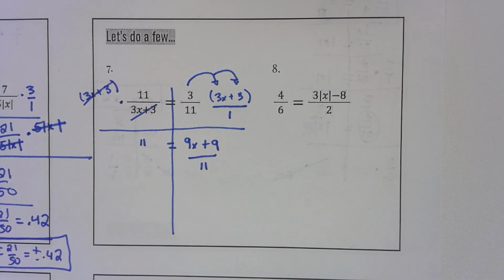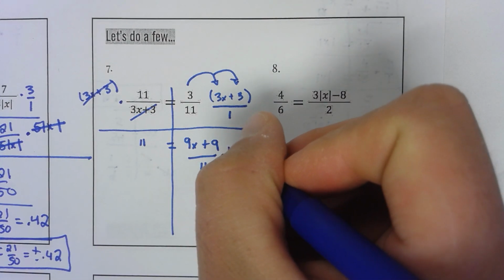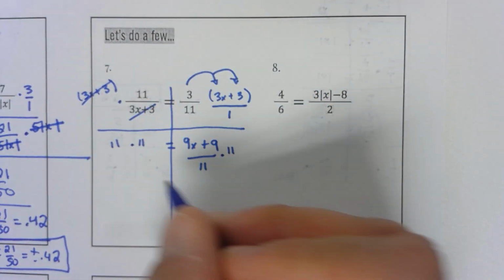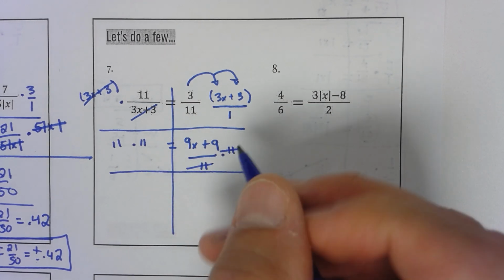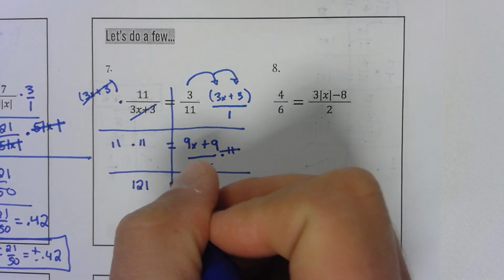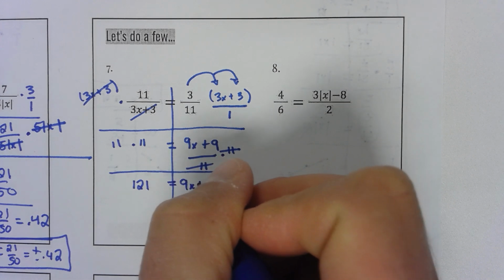So when we're multiplying by more than one term, it's more distribution. And now I have 9x plus 9 divided by 11. We want to get rid of the division, so I'm going to multiply both sides by 11. And so I get 121 equals 9x plus 9.